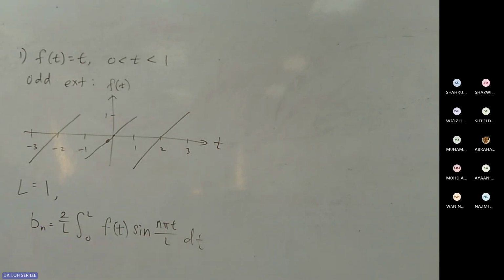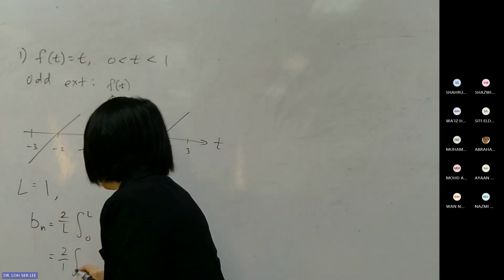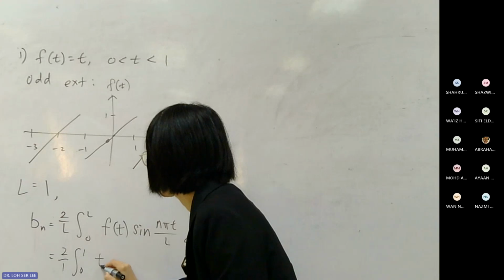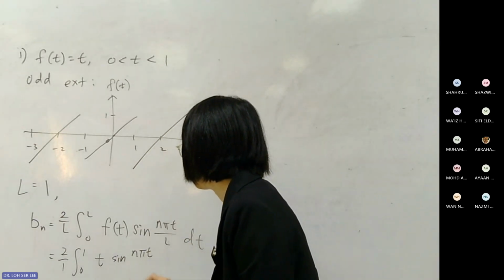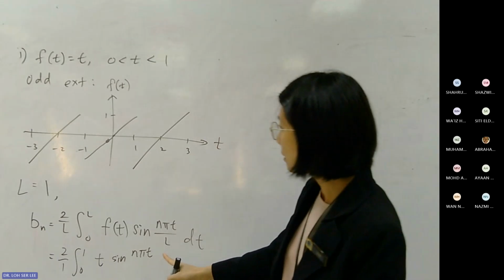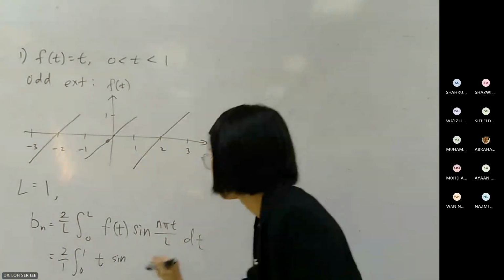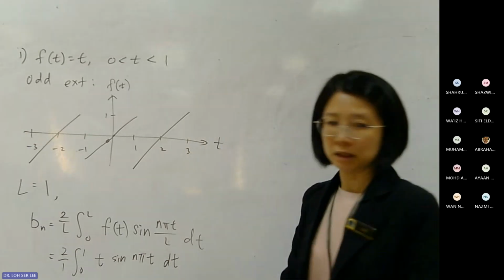You substitute the L, and you have only one function of t, so we do not separate the integration. When L is 1, that means your angle will be n pi t, n pi t dt.